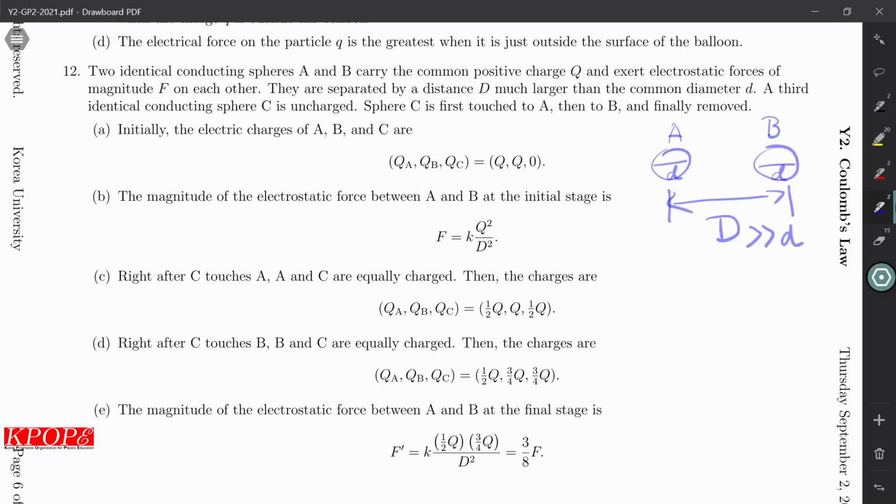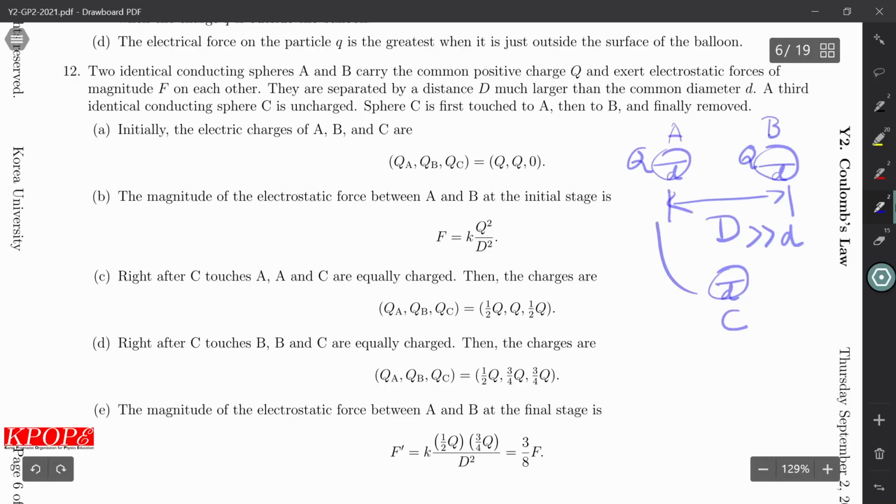A third identical conducting sphere, C, is uncharged. So A and B carry the common positive charge: this is Q, this is Q. This is C. C first touches A. C is a third identical conducting sphere, uncharged, so it has the same diameter.